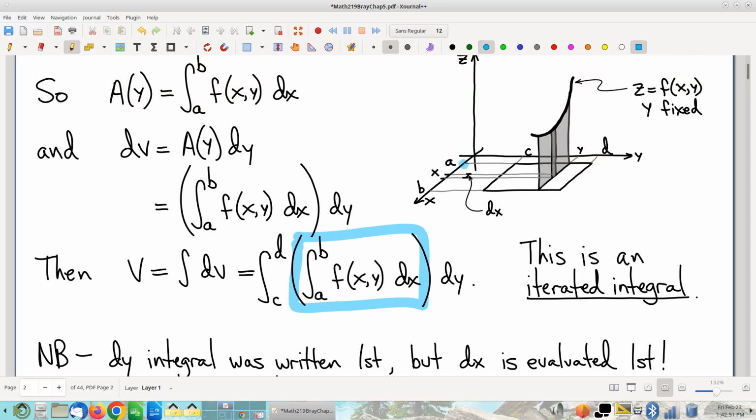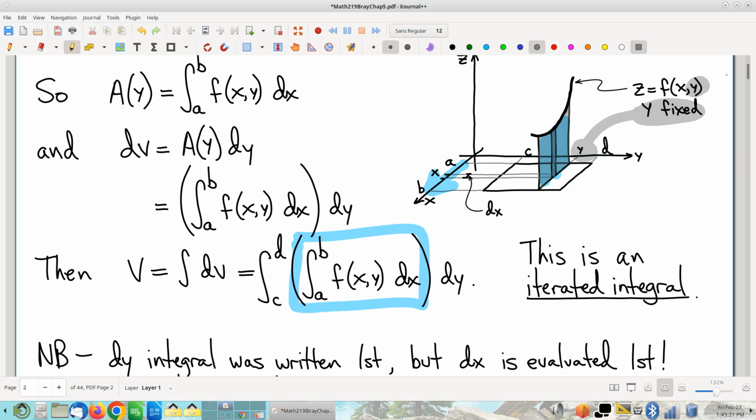X is going from a to b, the purpose of which is to help me understand this area, that area having been defined by having chosen some value of y. I can only talk about cross-sectional area if I have in fact fixed, set as a constant, some value of y at which to even talk about the slice in the first place.